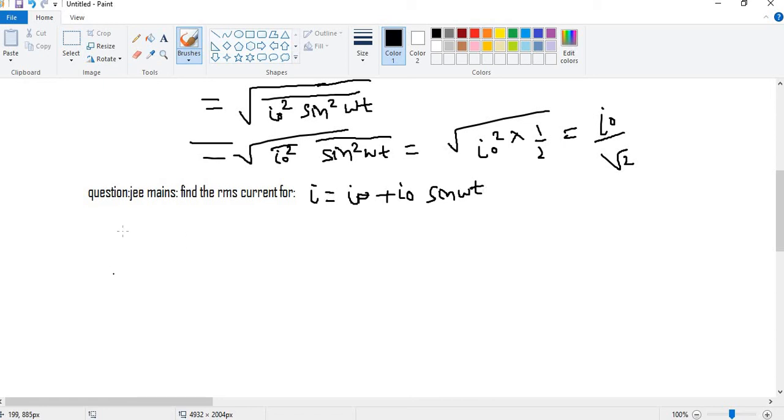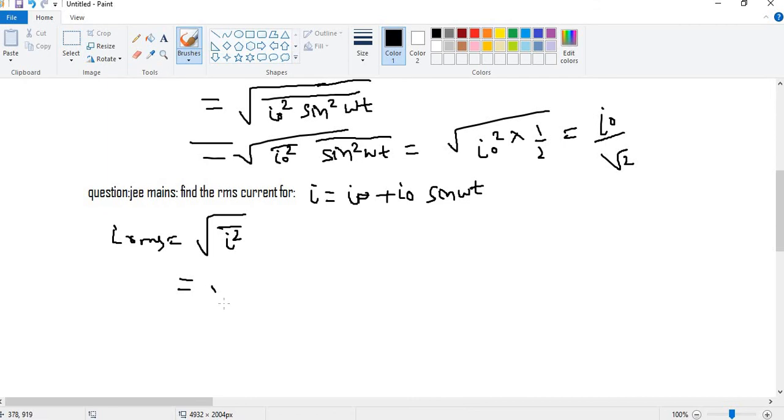Now we are going to do this question. As you already know, IRMS is nothing but first we do the square, so it is I squared, then we take the mean, and then the root. Now what is the value of I? It is given as I naught plus I naught sin omega t, so we have to do the whole square. This is a plus b whole square, which is a square plus b square plus 2ab.